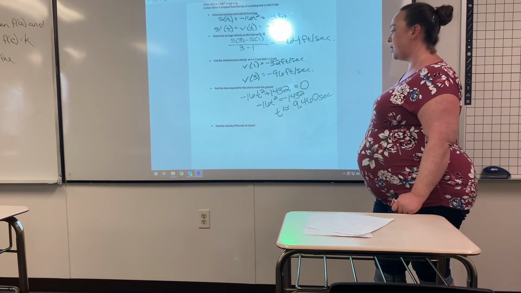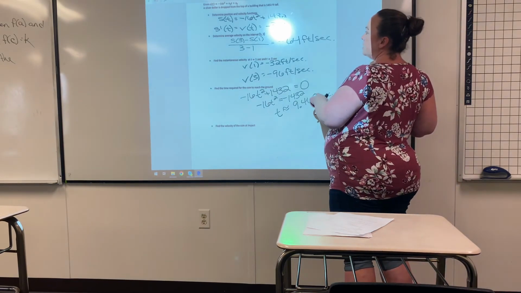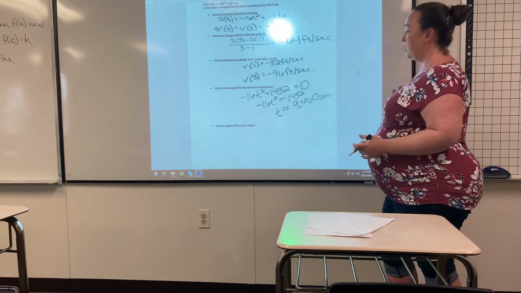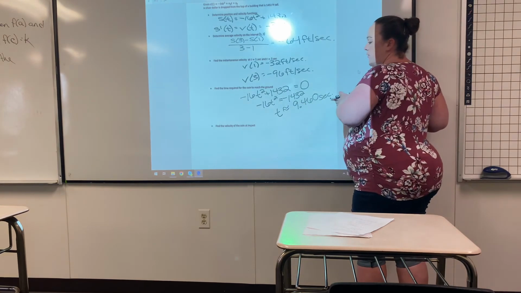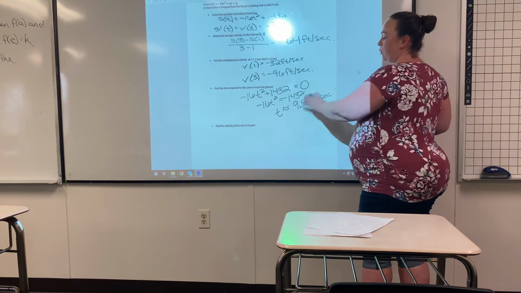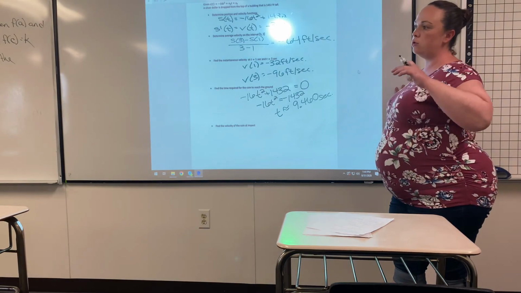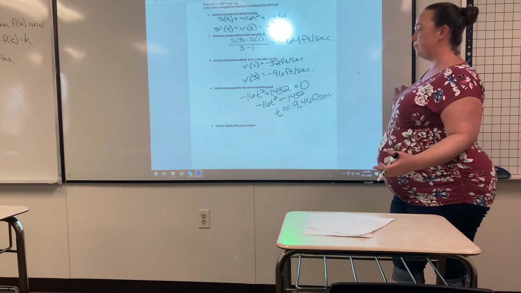And now they want the velocity of the coin at impact, which means you're going to take this and plug it into your velocity function. However, this is important. You want to take the exact version of this when you plug it in. Don't take the rounded version. You can round your answers, but you shouldn't round the numbers when you use them for future parts of the problem.